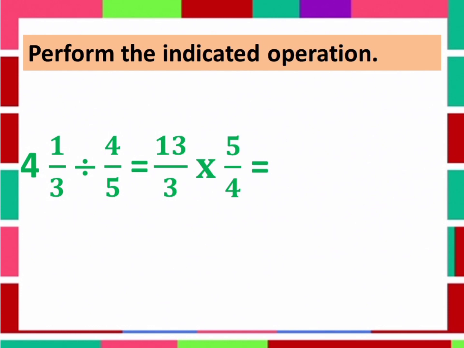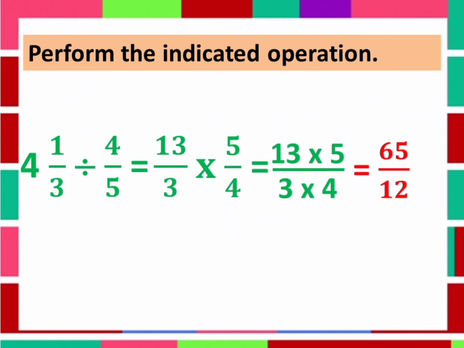Because as I said, we are going to multiply by the reciprocal of the divisor. Instead of 4 over 5, we are using the reciprocal, which is 5 over 4. Then proceed to multiplication. So therefore, 13 times 5 over 3 times 4. So the answer will be 65 over 12 or 5 and 5 over 12.